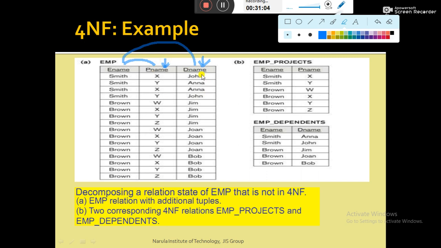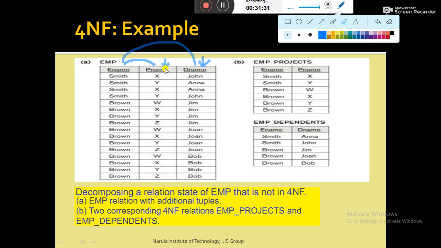Similarly, we can check that pname is not functionally dependent on dname, because if you provide dname John, we are getting value pname x, and for John we are also getting the value y. So for a particular value of dname, we are getting multiple values of pname. So pname is also not functionally dependent on dname.